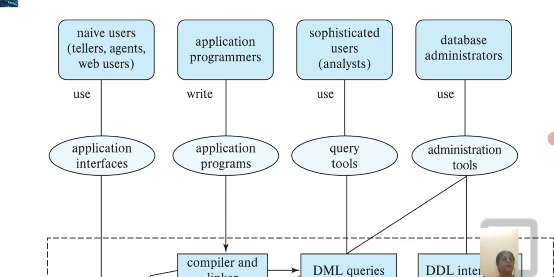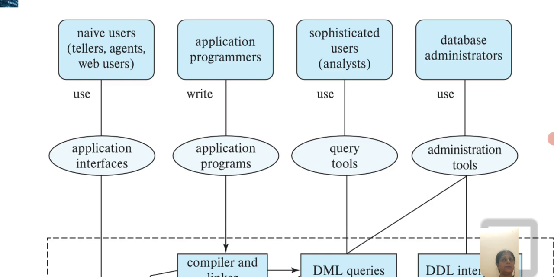And then come your sophisticated users or the analysts. The analysts will be on top of your programmers. They will not be writing application programs, but they'll be doing some kind of analysis on the data which is stored in the database system using several query tools. So you can note down here, the naive users also make use of the data for just taking the data.